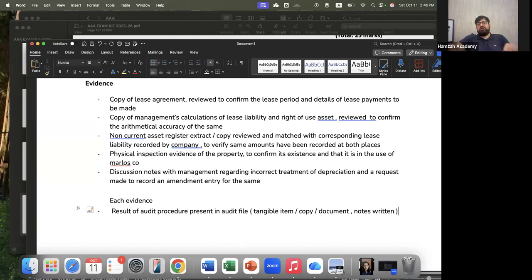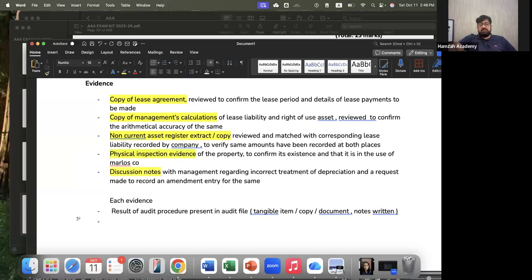This is the result of audit procedure. Proof. That is evidence. Basically, here the copy of the lease agreement is the evidence. The copy of management calculation is the evidence. The non-current asset register extract is the evidence. Physical inspection notes are the evidence. Discussion notes with the management are the evidence.